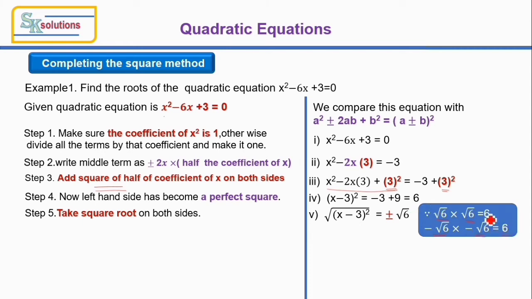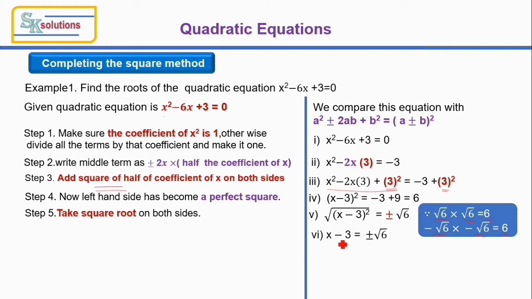That means 6 has 2 square roots. One is plus, one is minus. So you have plus minus. We need to write plus minus here. Then only we are going to get the two values of x. You know the quadratic equation will have 2 roots. So those 2 roots you can get if you write plus and minus, then only.